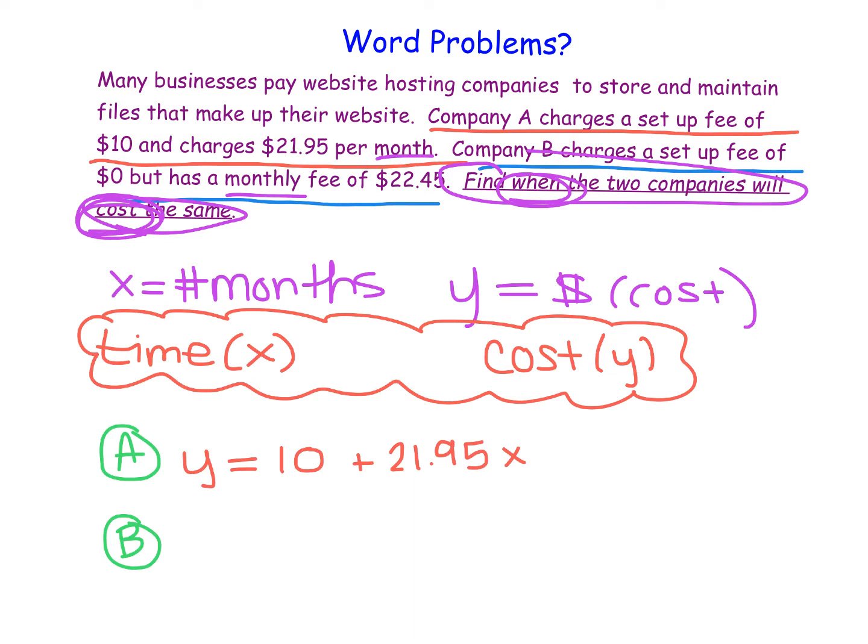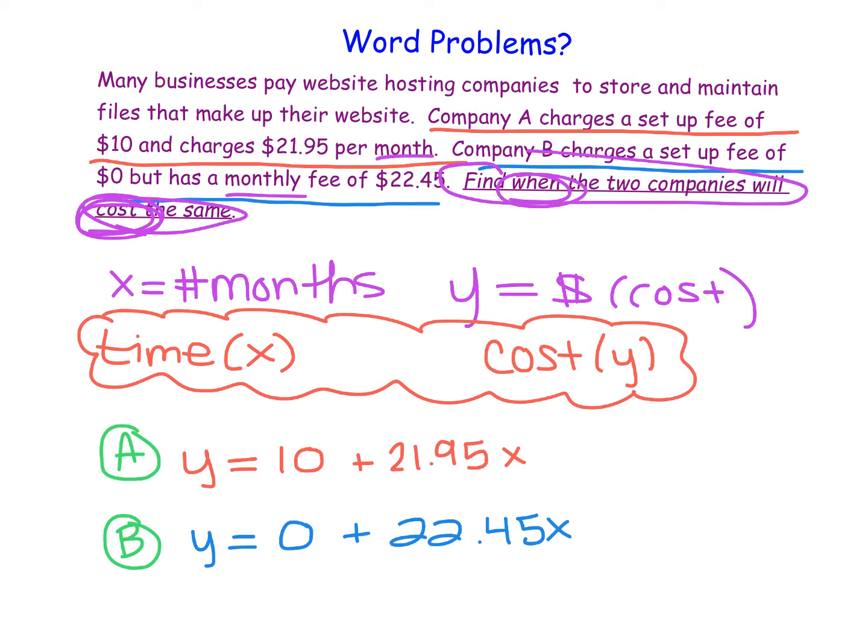Now, if we take a look at company B, we're going to apply that same thinking. So we have y is equal to, there's a $0 setup fee, but then it is $22.45 per month. So we'll do $22.45x. So we have $22.45 per month, and then we add on that $0 fee.